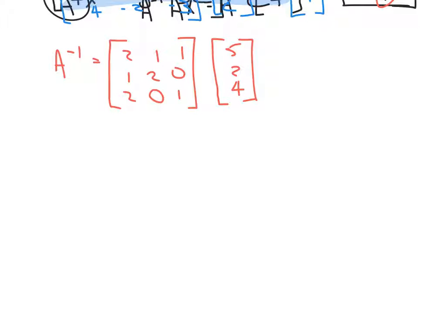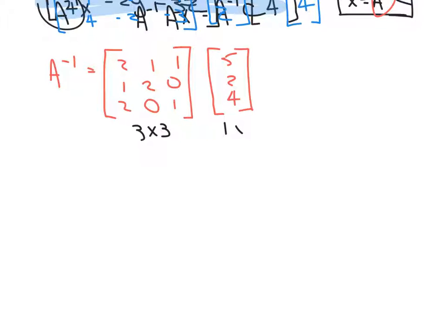So let's actually multiply this. This is a 3 by 3, and this is a 3 by 1. So because these numbers are the same, it's doable, and my answer is going to be a 3 by 1.